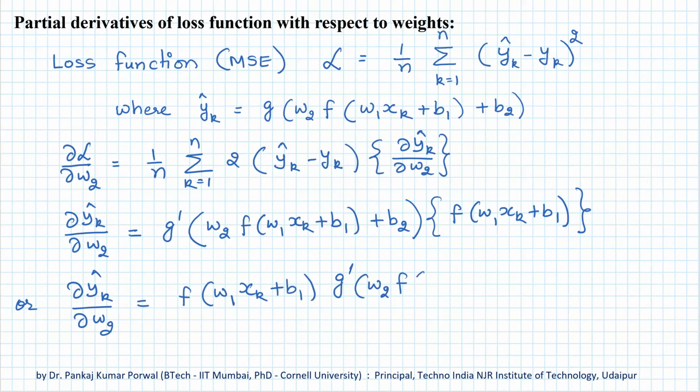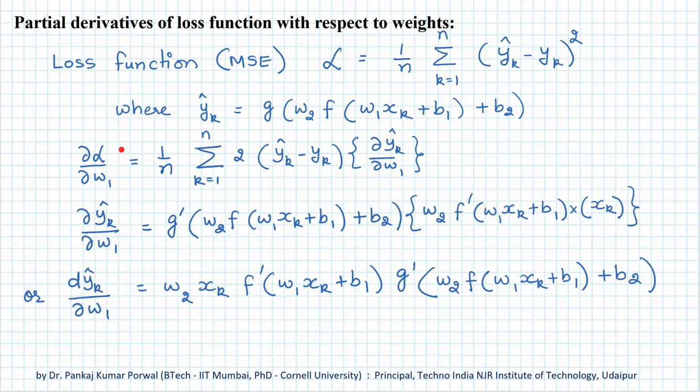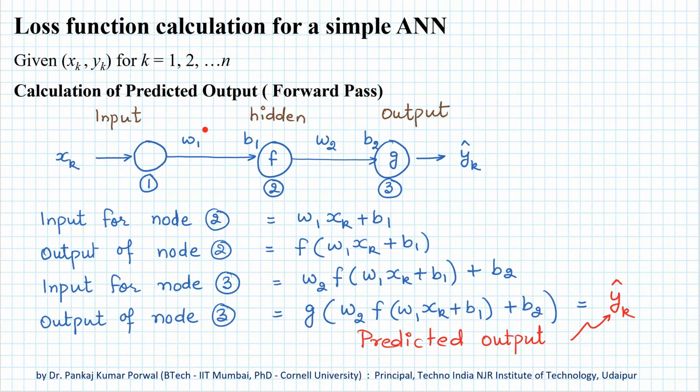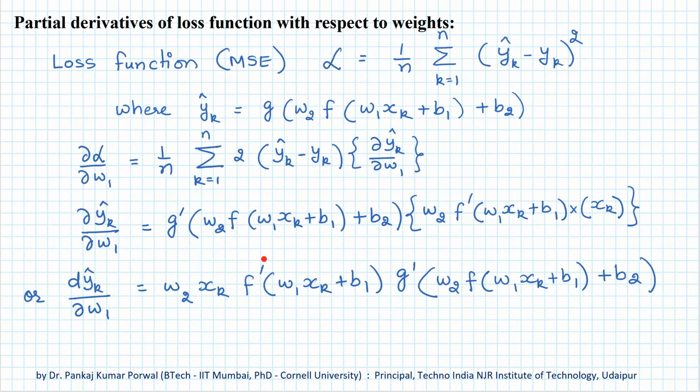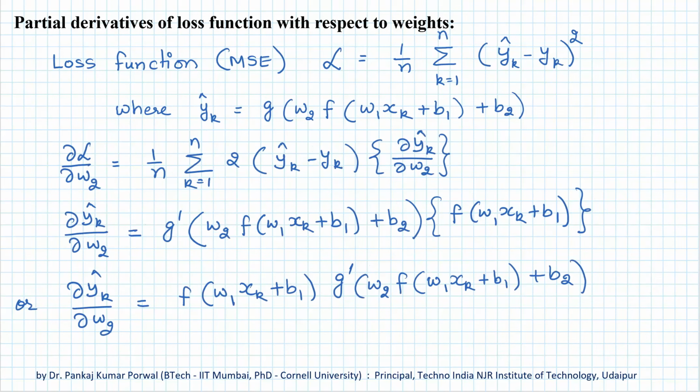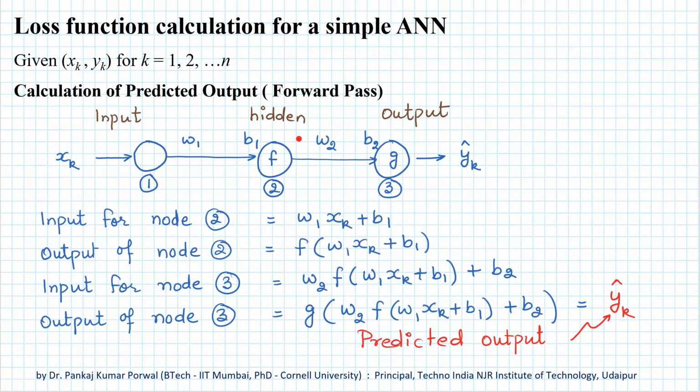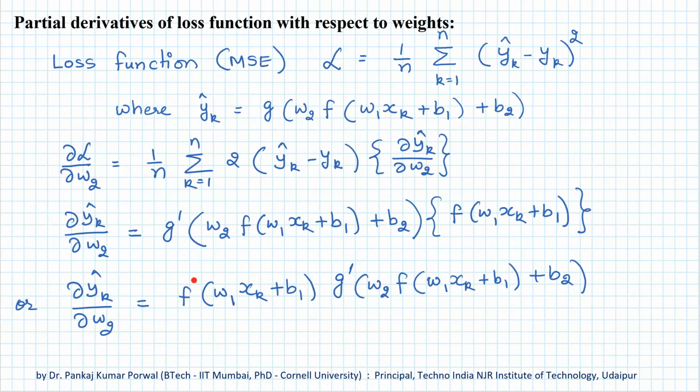now here note that when I'm finding the partial derivative of the loss function with respect to W1, that is the weight of the link in the first layer, then I need f dash as well as g dash. Whereas when I'm finding the partial derivative of the loss function with respect to W2, that is the weight for the link in the second layer, then I need f and g dash.